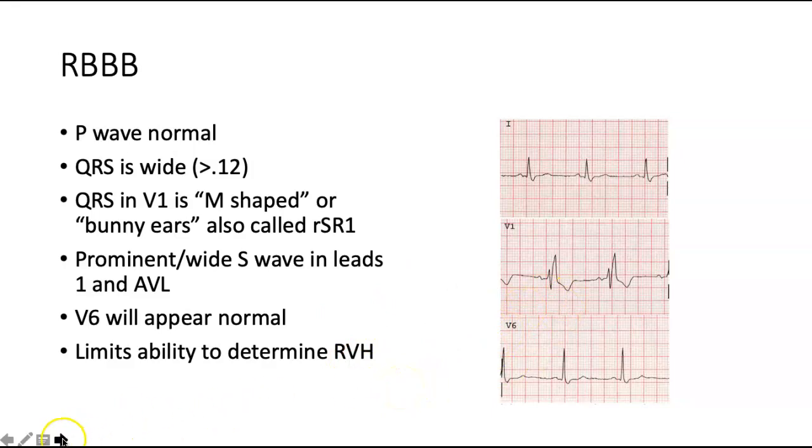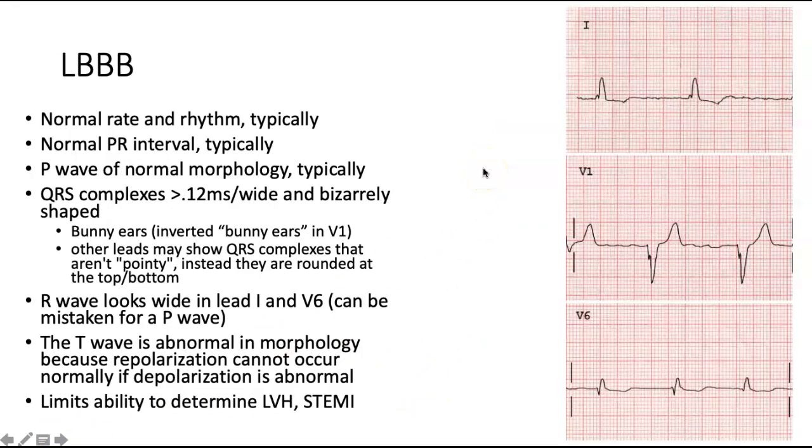Left bundle branch blocks, so typically normal rate and rhythm, typically normal PR interval, typically a P wave of normal morphology. What you see over here is actually someone in AFib, so there's no P waves. But typically, if the underlying rhythm has a P wave, so will these.